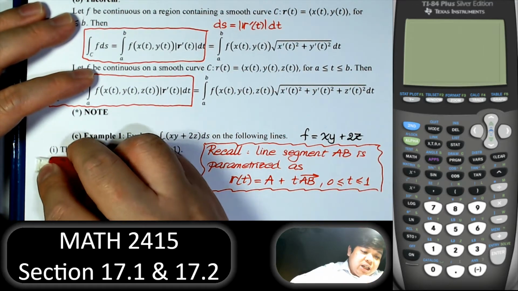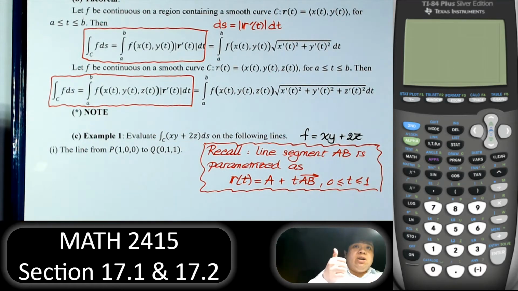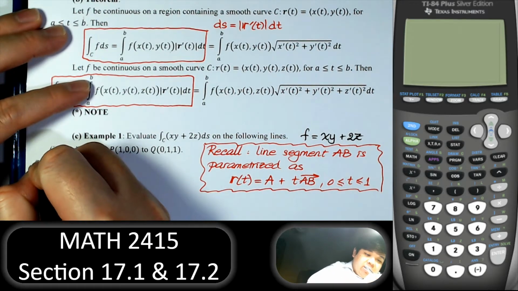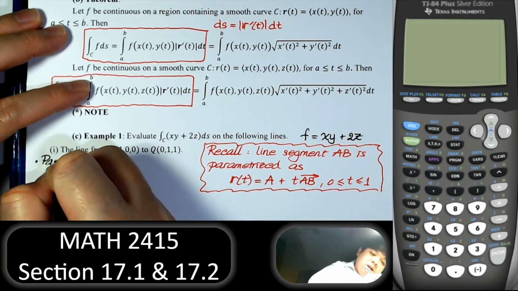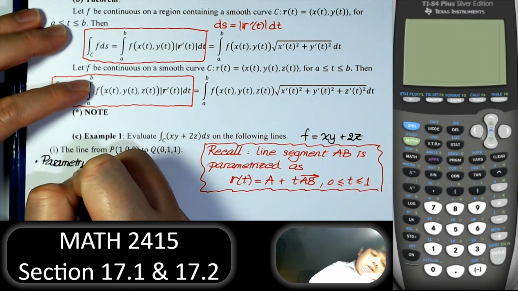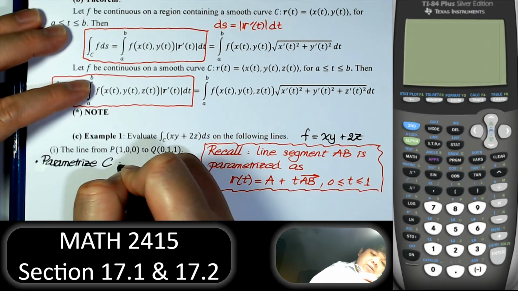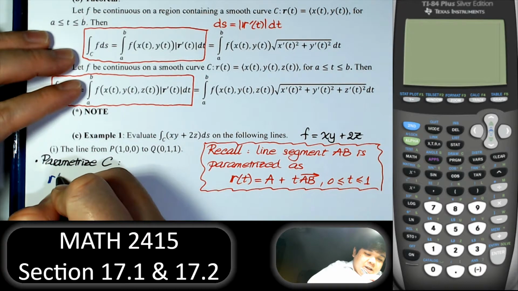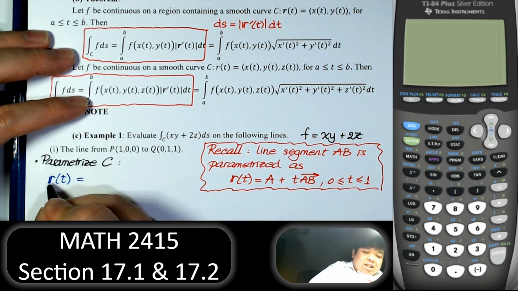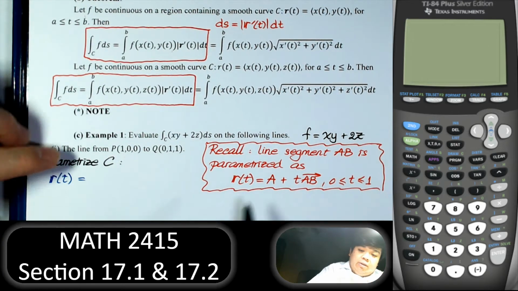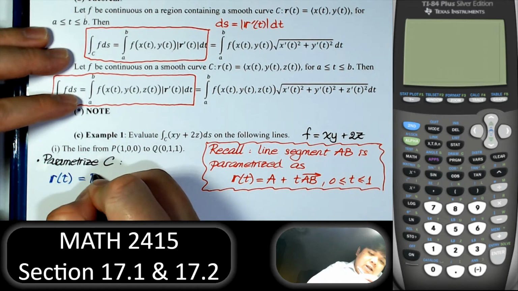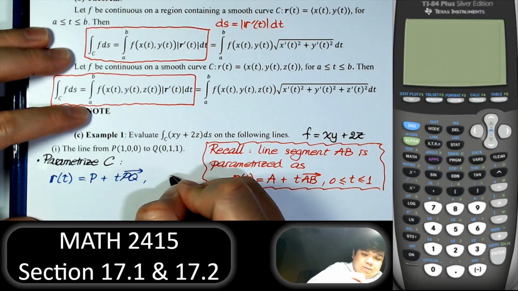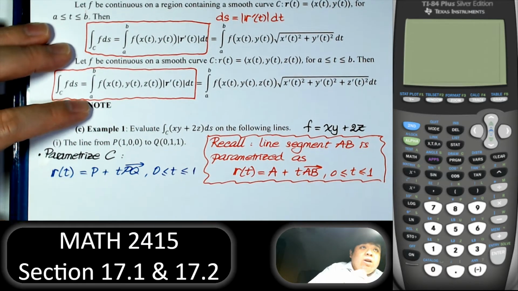Two important things we need to know are the function and the curve. We will start with the parameterized curve first. So the first step is to parameterize the curve C. Vector C is given by the vector-valued function from the point P plus the vector PQ, t between 0 and 1.